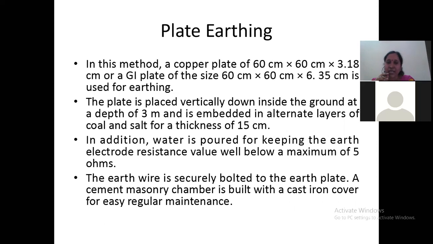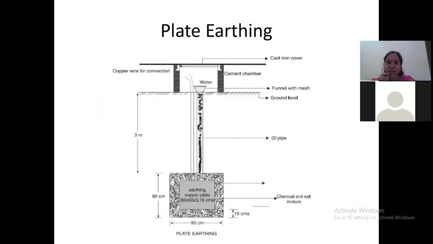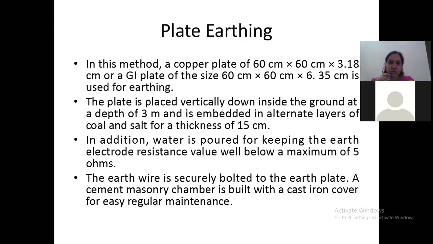The plate is placed vertically into the ground at a depth of 3 meters, and it is embedded in alternate layers of coal and salt for a thickness of 15 centimeters. In addition, water is poured for keeping the earth electrode resistance value well below a maximum of 5 ohms. It should be less than 5 ohms.